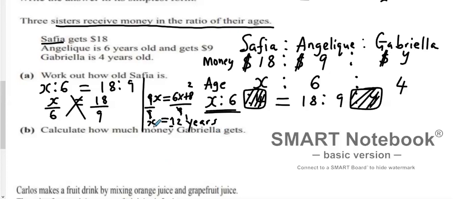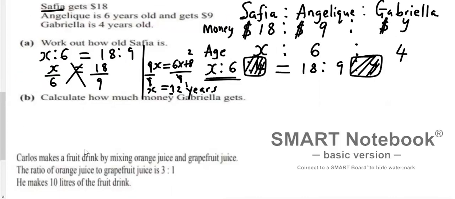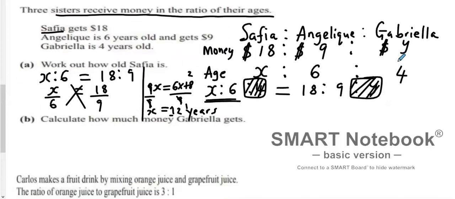All right. The next question is to calculate how much money Gabriela gets. So this time I'm going to remember what I ignored. Let me take you back and rewrite what we ignored first.